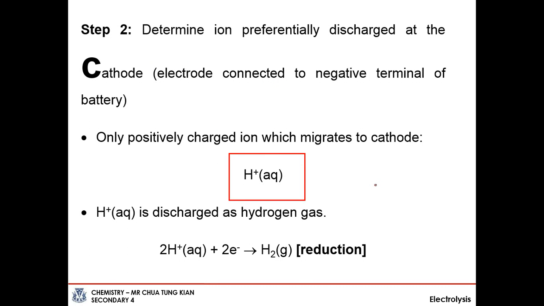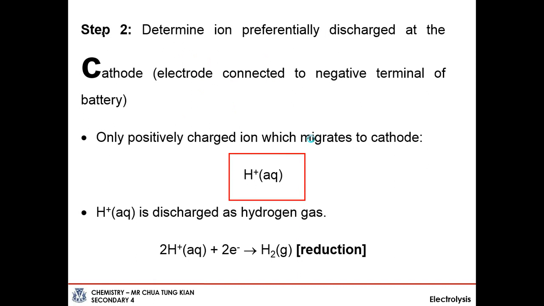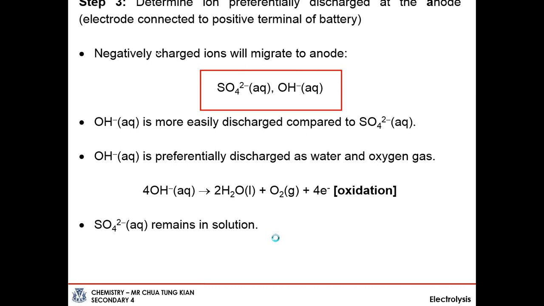So what is the ion that is discharged at the cathode? There is only one positively charged ion, in this case H+, so you only have H2 gas discharged at the cathode. Again, this is a reduction reaction. At the anode, what happens? There are now two ions at the anode, SO4 2- and OH-.